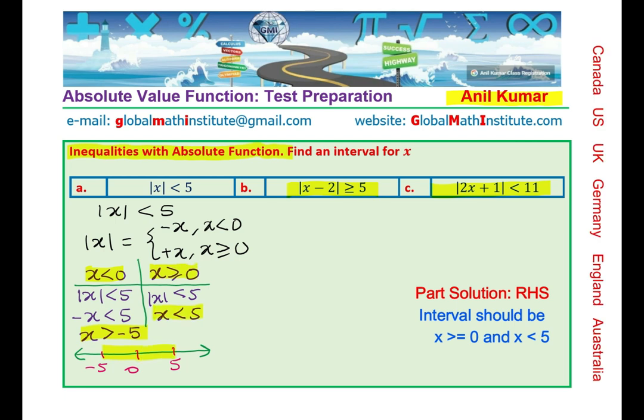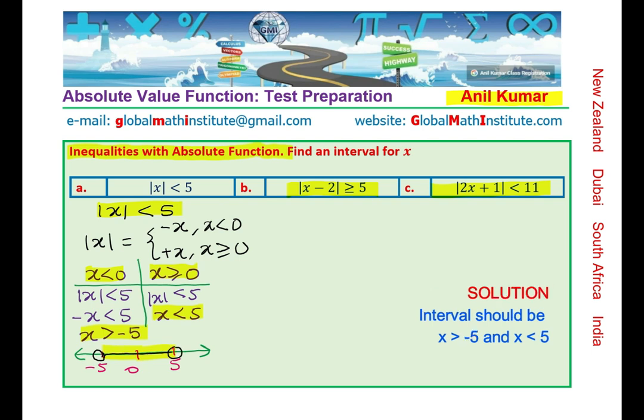So that means this region 0 to 5 qualifies. So for the given inequality, what we have as a solution is the interval from minus 5 to plus 5. Both are not included. Do you see? So we'll have an open circle here, right? And everything in between becomes the solution.